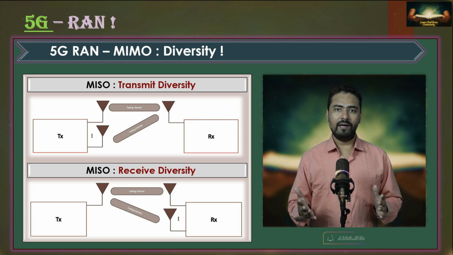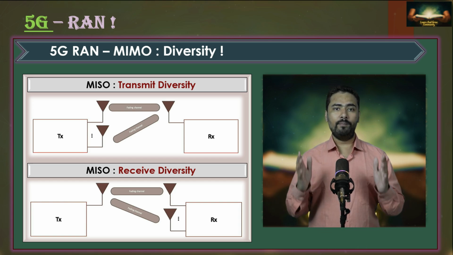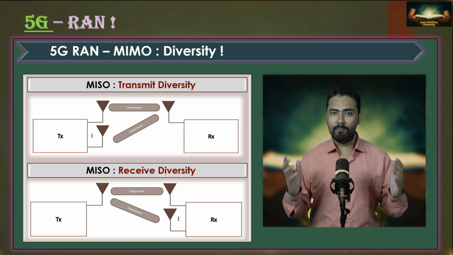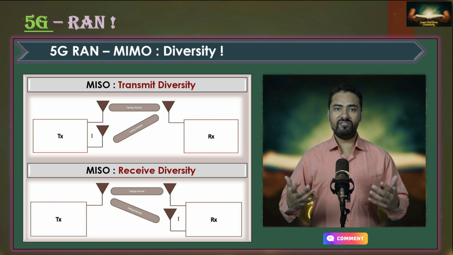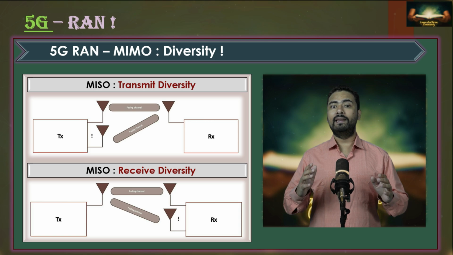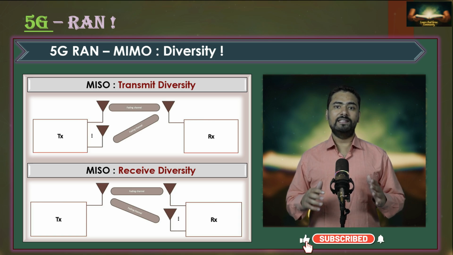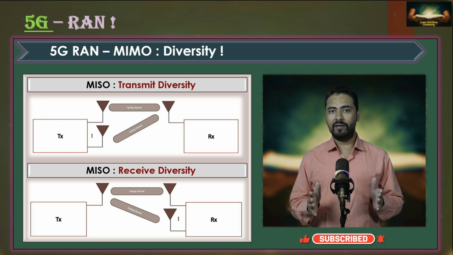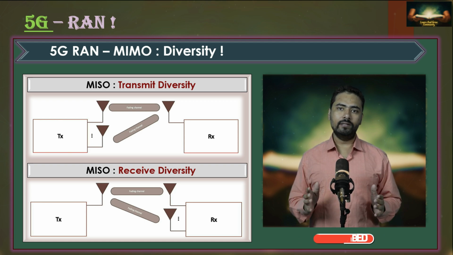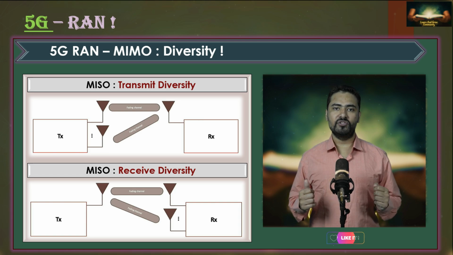Now, when the same data is sent through these multiple channels, they are affected by their independent channels. And by combining these received signals at the receiver, the signal to noise ratio or SNR gets improved, and that enhances the channel capacity. This approach is especially beneficial for downlink because the multiple antenna setup requires more space, so they can easily be located at the base stations.